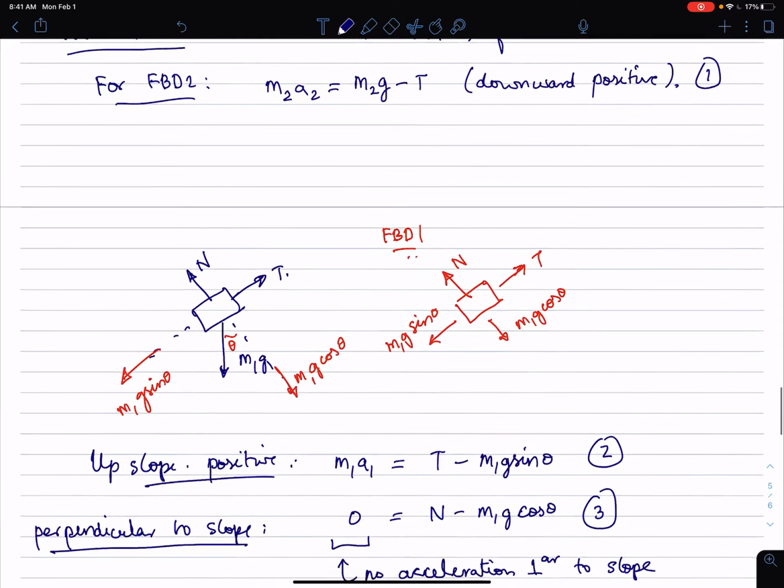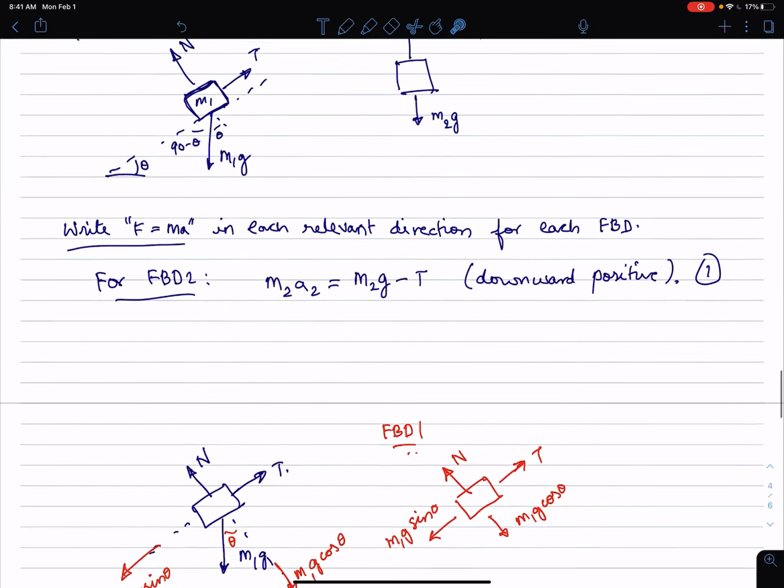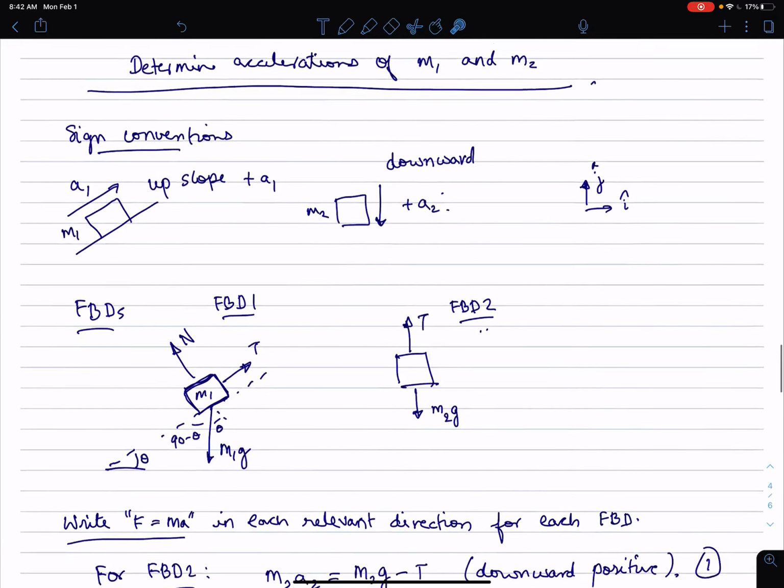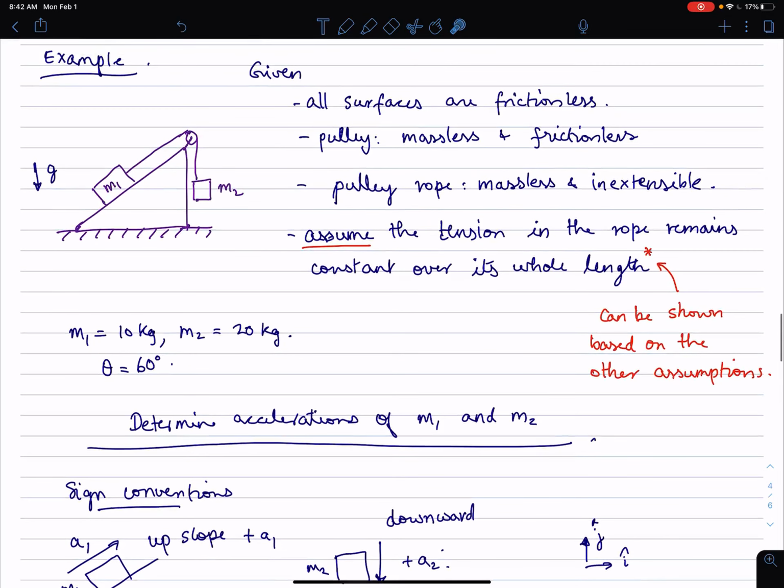What is one more equation for this problem? Okay, is there another equation that relates these quantities? Well, the equation is basically that A1 up the slope has to be equal to A2 down the slope, because this rope is inextensible, which means that if M1 moves 1 unit this way, M2 moves 1 unit this way, okay?